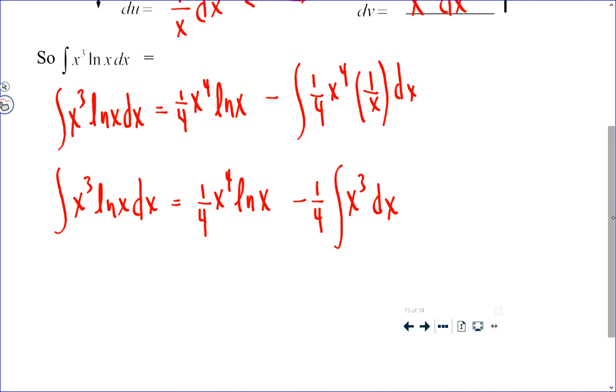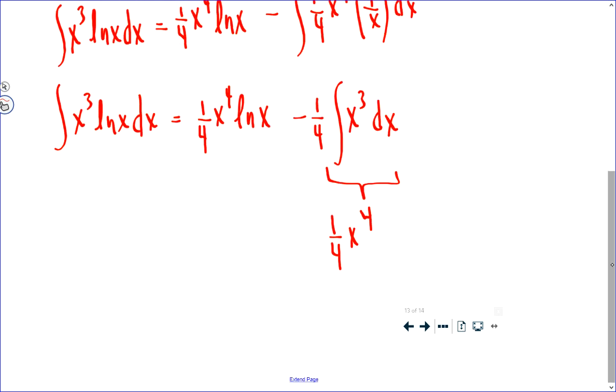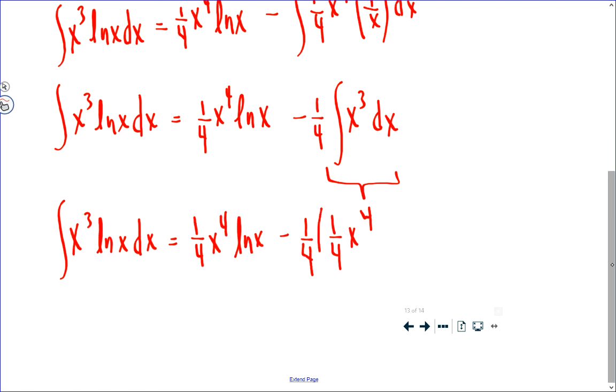That integral, by the way, the antiderivative of x cubed dx, is so easy to solve. In fact, you've already done it. It's 1/4 x to the 4. So our integral, the integral of x cubed multiplied by the ln of x dx, will be equal to 1/4 x to the 4 ln of x minus 1/4 times that integral, which we figured out was another 1/4 x to the 4.